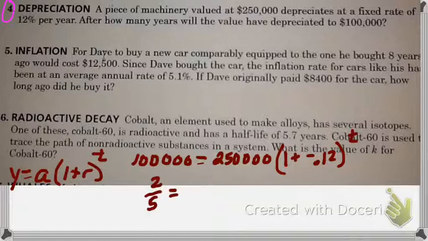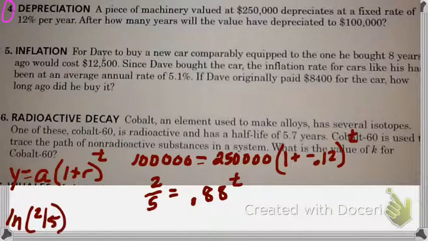So when you start simplifying, what you should end up with is not 1.12 to the t, but really 0.88 to the t. Natural log of both sides.